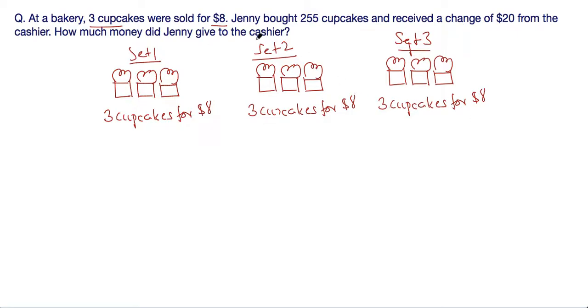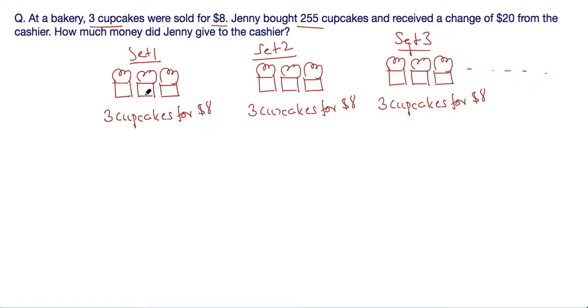So for our question, one thing is clear, that the cupcakes were sold in sets. The total number of cupcakes Jenny has bought is 255. We don't know how many sets she has bought.